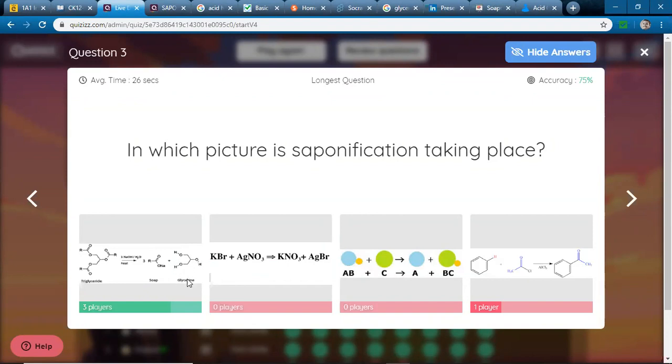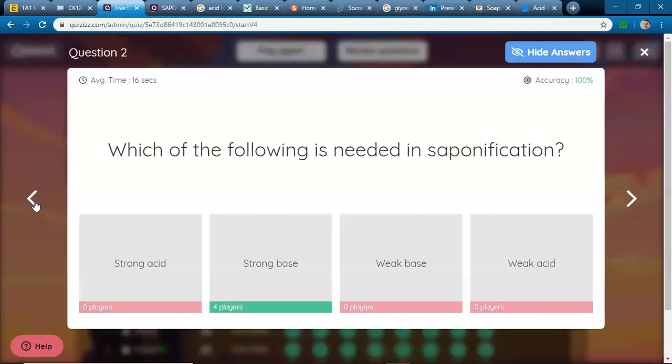You see glycerin here, which is glycerol. You could count the carbons, 1, 2, 3, 3 carbons. And look here, you see soap. So this would have been the correct answer, because this is a triglyceride, and another word for triglyceride is a fat.